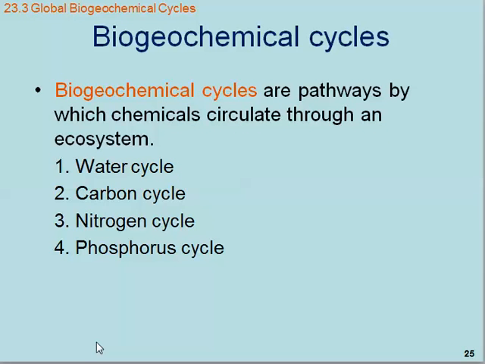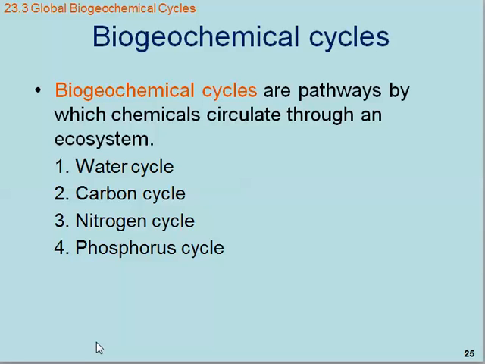Now we're going to look at what happens more specifically to those nutrients. Biogeochemical cycles. We said that nutrients are cycled in an ecosystem. They are cycled between the living, hence the bio, and the non-living part of the earth, the mineral part of the earth and the soil, hence the geo. And this is why we call them biogeochemical cycles.